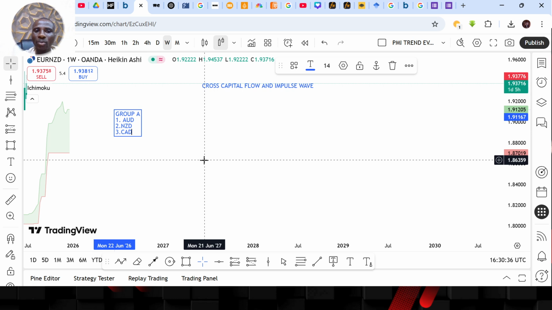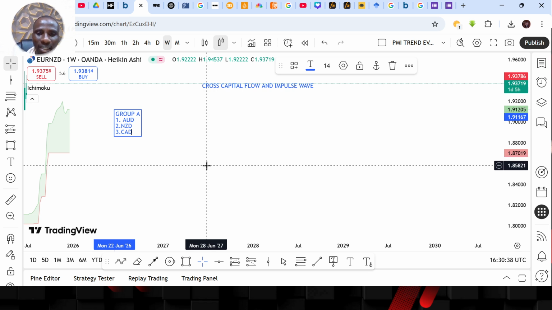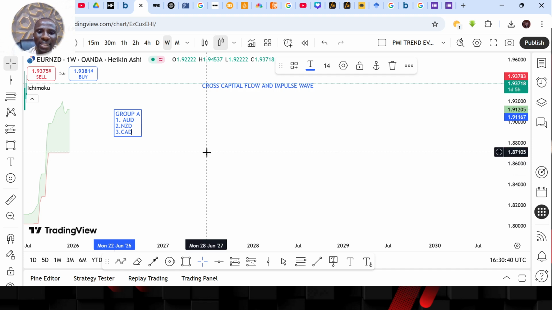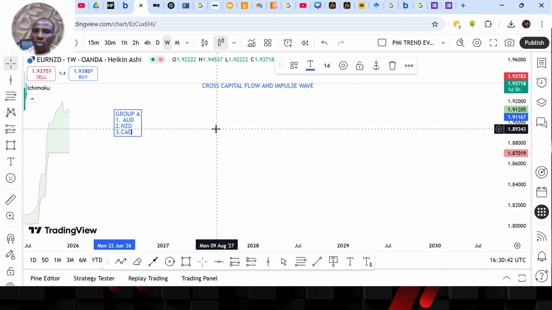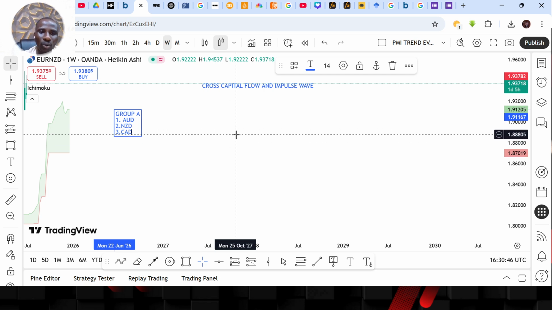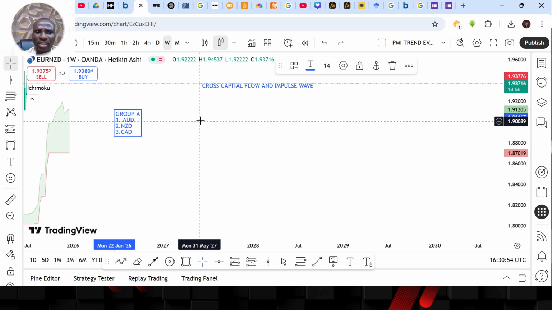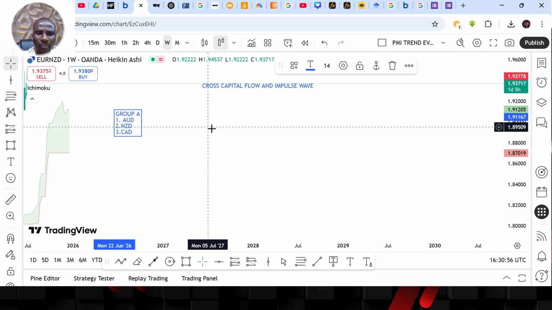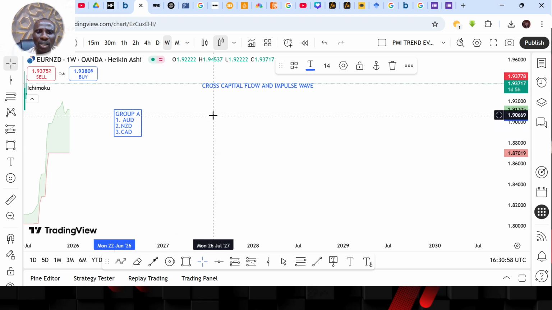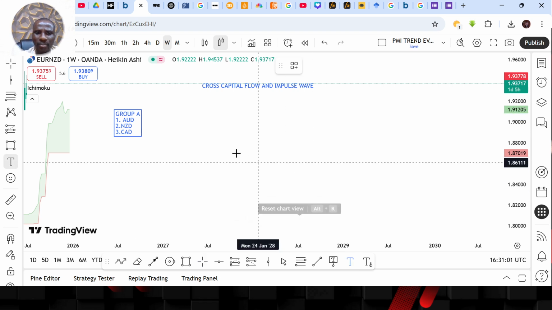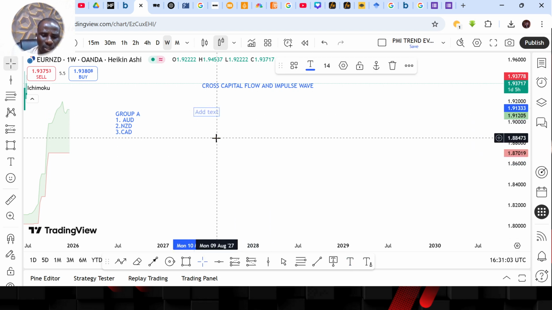The market moves based on wave, and this wave will be initiated by what we call cross capital flow. If there is no cross capital flow, the market will not give you a direct wave that you want to see. I'm going to explain a few things, and then I will give you a practical example on the chart so that you can flow with what I'm trying to teach.